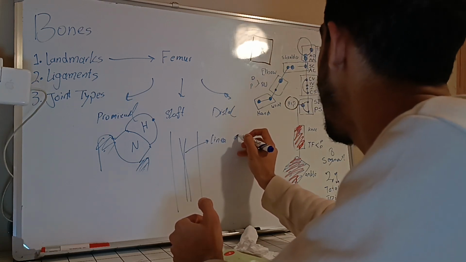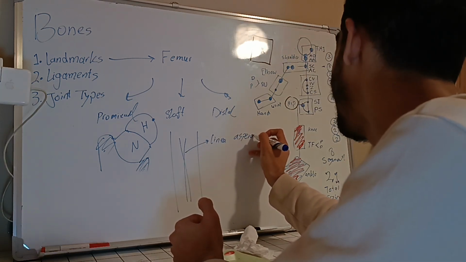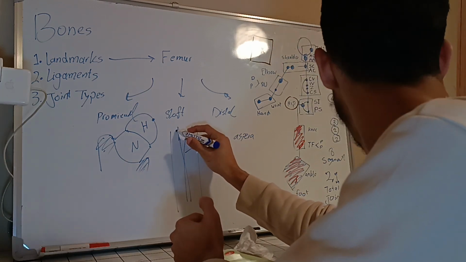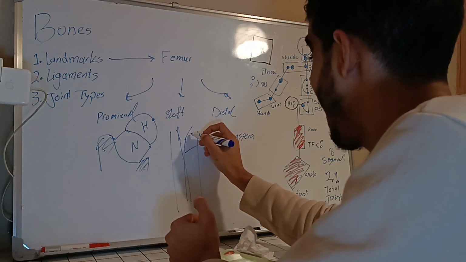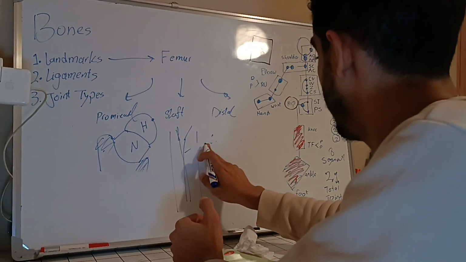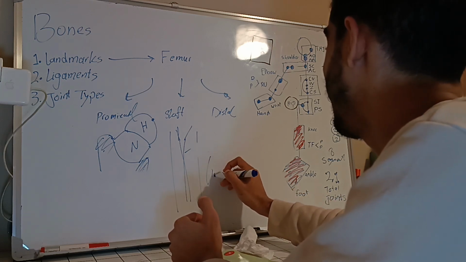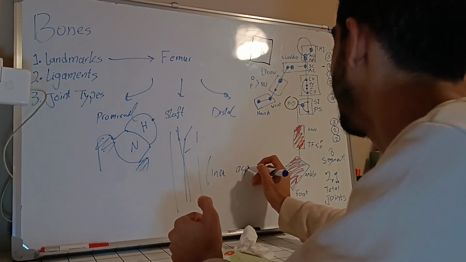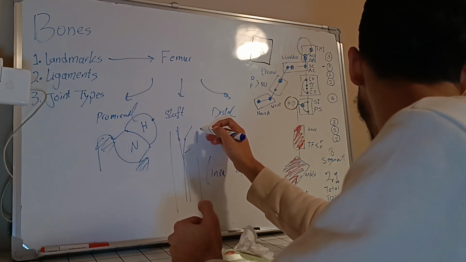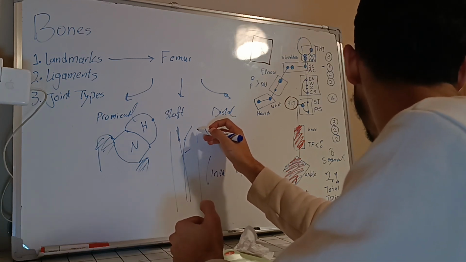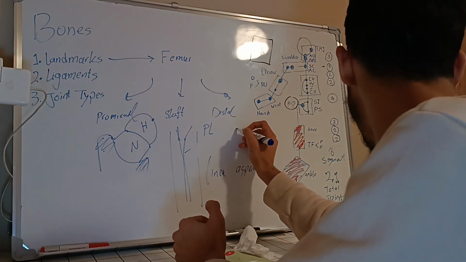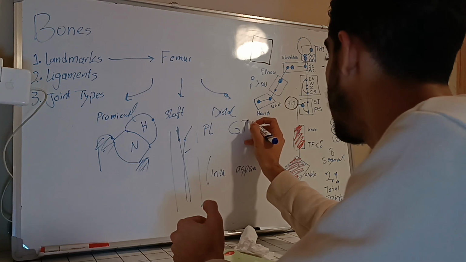You can have two lines actually, the gluteal and pectineal. So pectineal line and gluteal tuberosity.